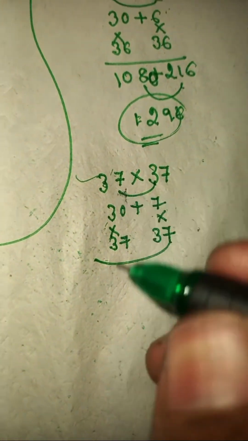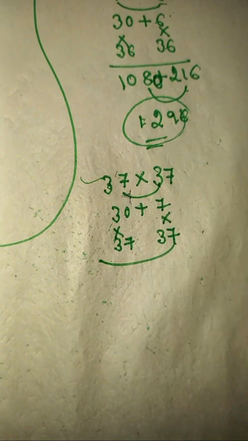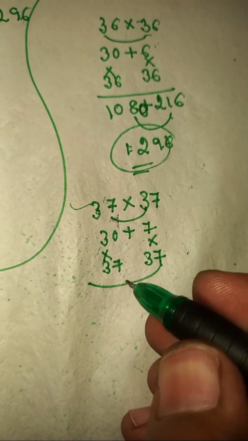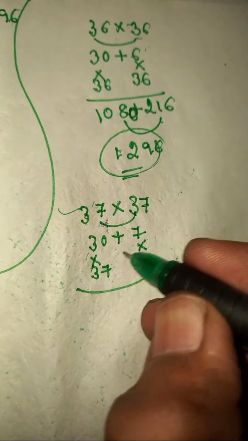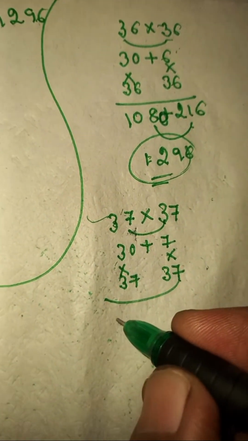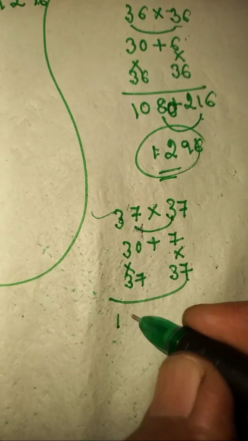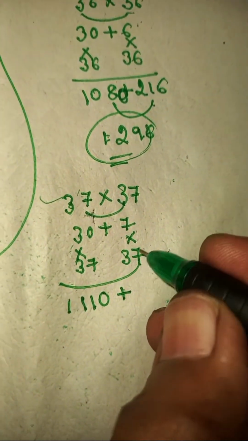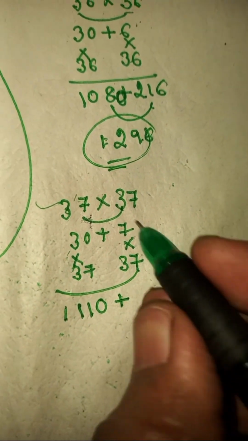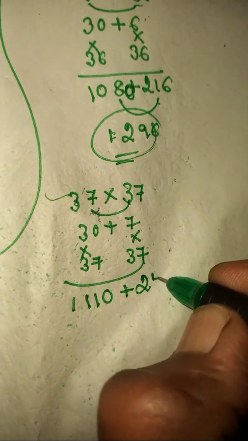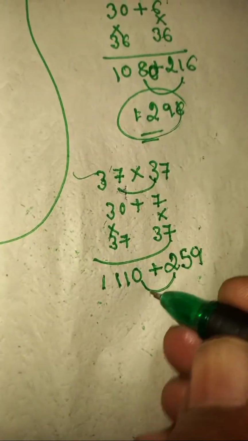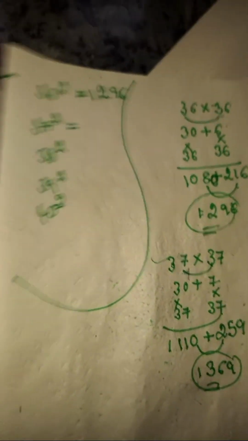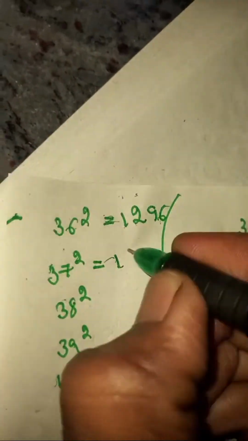You're going to get 30 times 3, 900, 7 times 3 is 21, so 210, and 3 times 3 is 900 plus 210, that equals 1110, plus 30 times 7 is 210, 7 times 7 is 49, 210 plus 49, which is 259. When you add them, you're going to get 1369. This is completely equal to 1369.